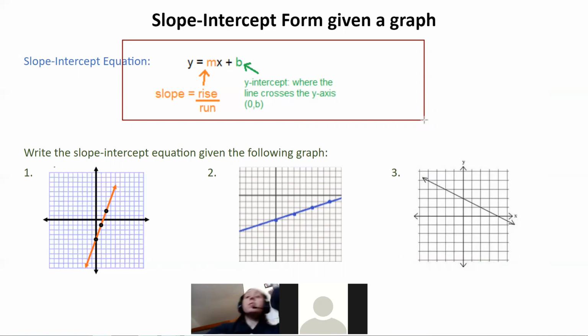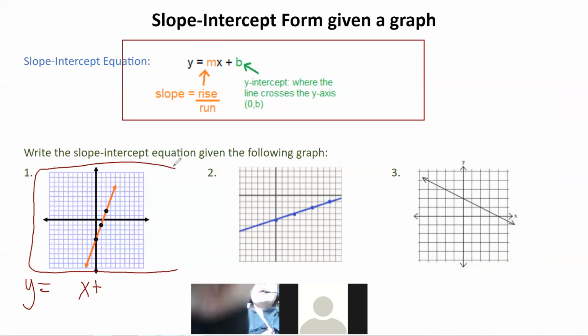Okay? So if you're given a line, like number 1 here, you should be able to put it into y equals mx plus b form. All that you're going to have to do is fill out the M and the B. And I would fill out your B first. So what's the B, guys?